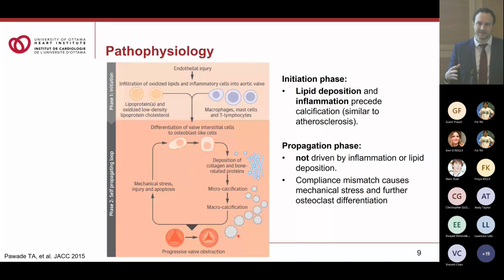And then you get areas of compliance mismatch: areas of the valve that are diseased and areas that are not diseased, and at the interface between those regions, there's mechanical stress, and that triggers further osteoblast differentiation. So that is the process that we think is self-propagating, really, and not driven by inflammation and lipid deposition as much.